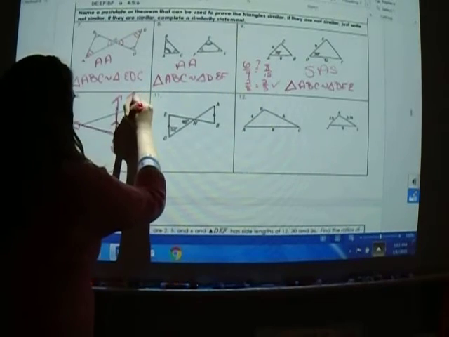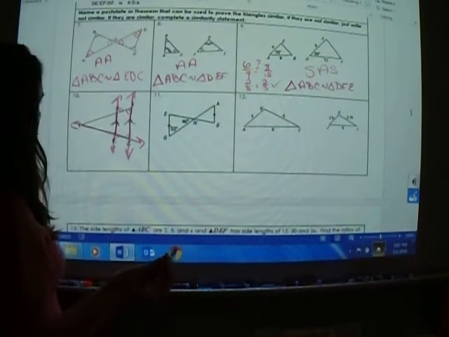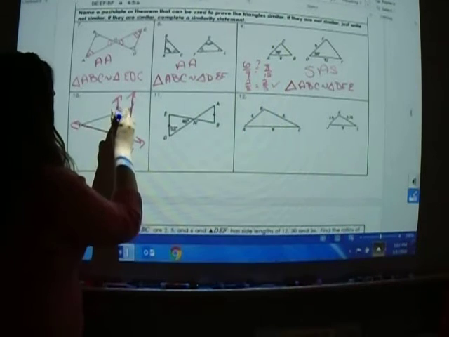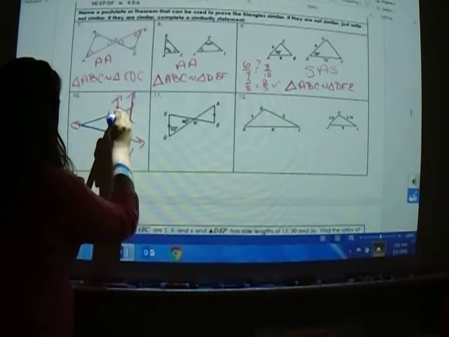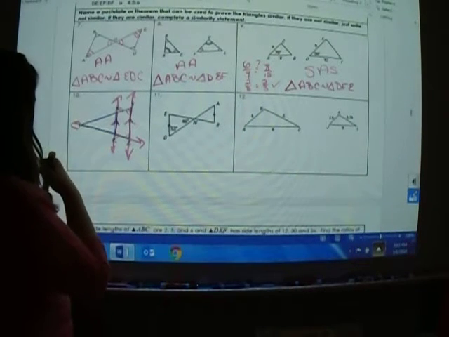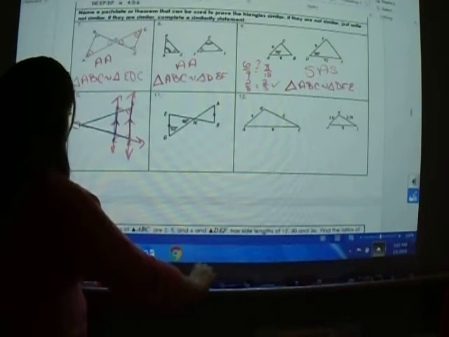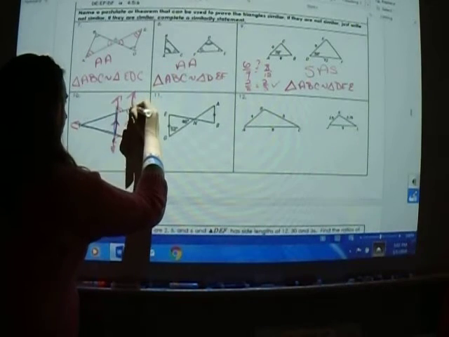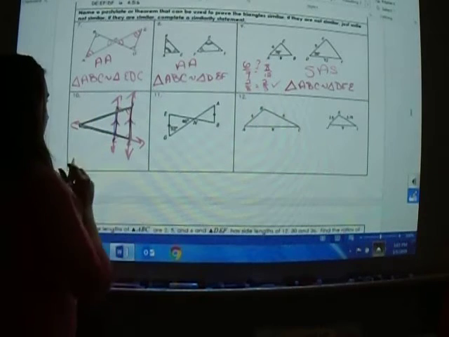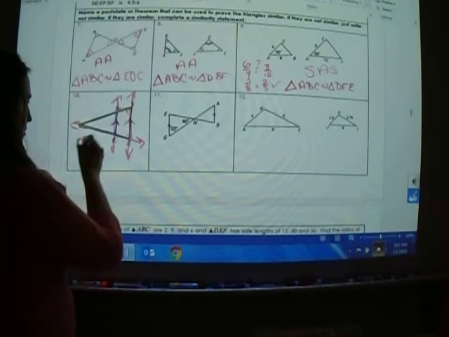And this angle would be congruent to this angle, right? So we have our two triangles. This is one triangle right here, and another one would be our bigger one, this triangle right here. Okay? So you can see the two triangles.